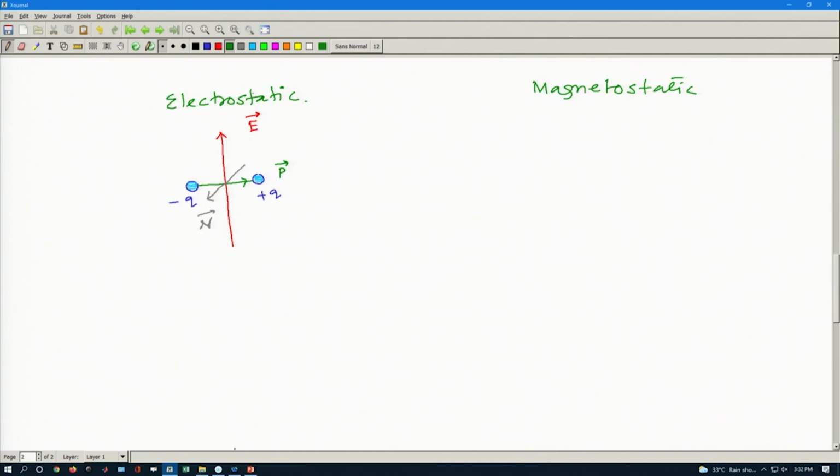Now in magnetostatics, the magnetic dipole can be replaced by the loop, the current loop.